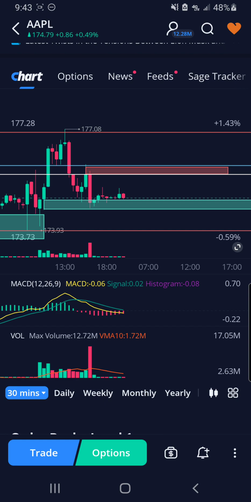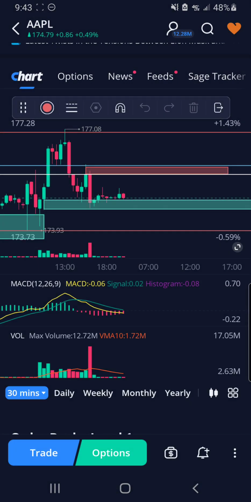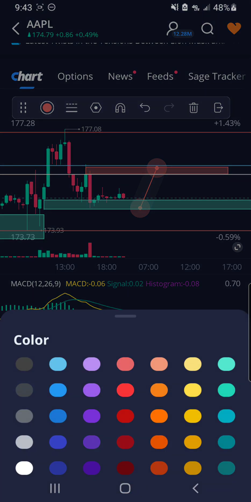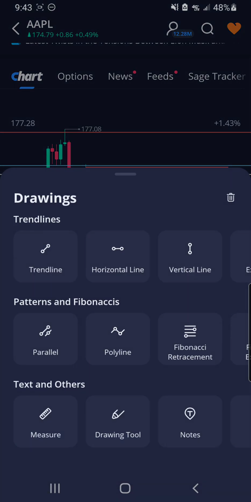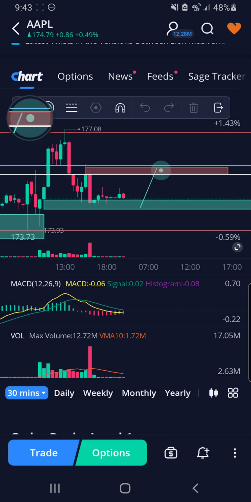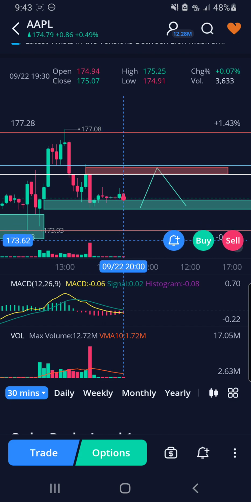Now you'd be looking for some type of bounce from this zone to this zone, whenever that may be, and then back down into this zone, unless you find a new price imbalance that forms somewhere on the chart in the future that I can't see yet.